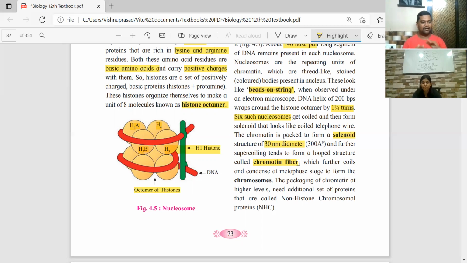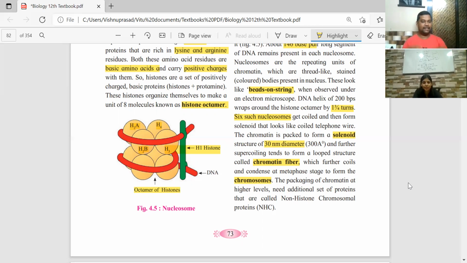That solenoid undergoes coiling, supercoiling, giving rise to chromatin. तो सेल के अंदर न्यूक्लियस के अंदर जो न्यूक्लियोप्लाज्म है, in that the highly coiled structure that you get is the chromatin. So just before cell division during the interphase, this is the thing which is condensing to give rise to chromosomes.